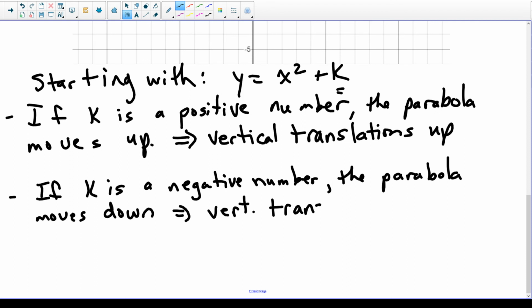Now, I'll often truncate the words vertical translation just so that we don't have to write the whole word, a vertical translation down. So that is your first introduction to, and you might have seen a little bit of this last year depending on what your teacher showed you, what the transformations of parabolas is all about.